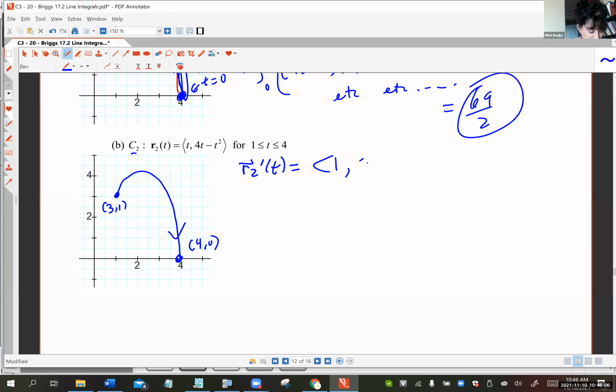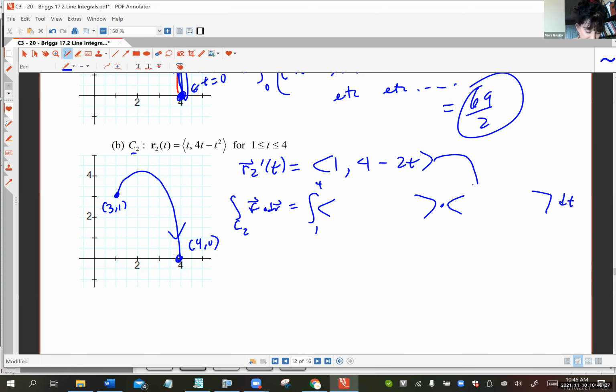I'm just getting the velocity vector here. And then the integral over C2 of F dot dr is going to become the integral going from 1 second to 4 seconds. I'm going to have to take a dot product here. The r prime is going to be there.